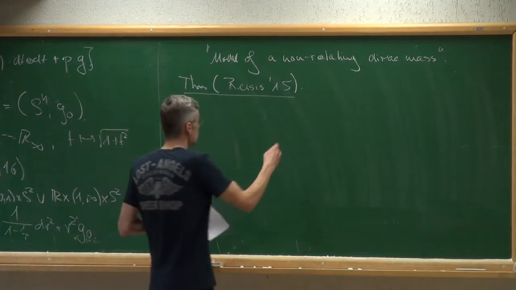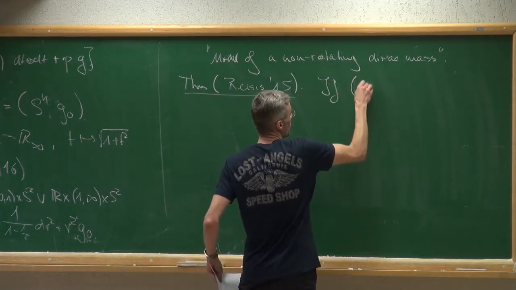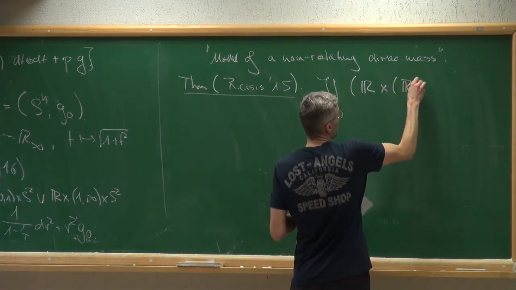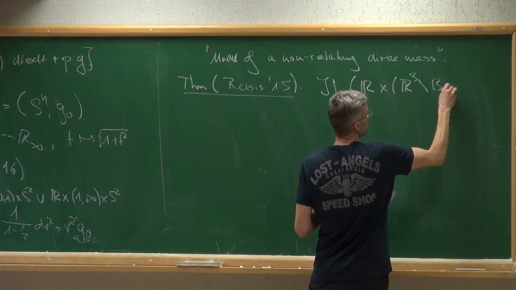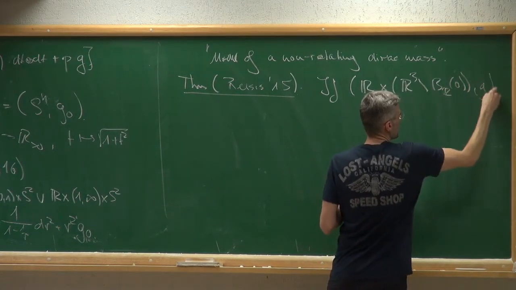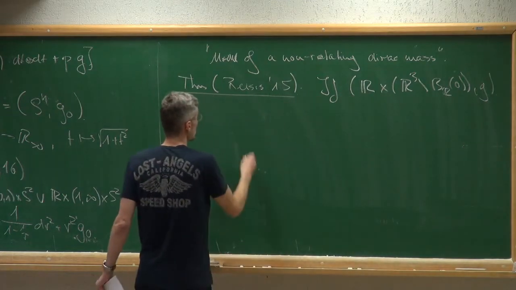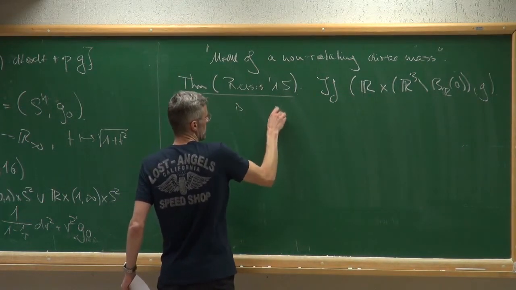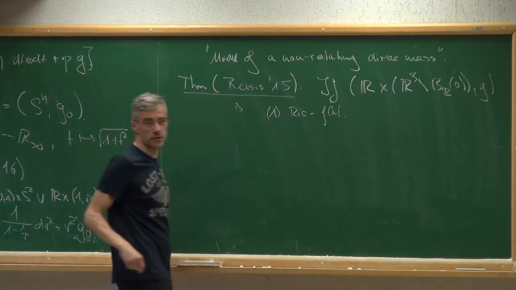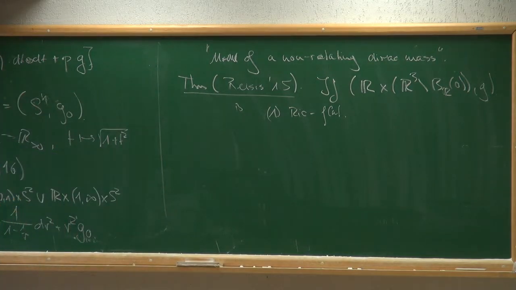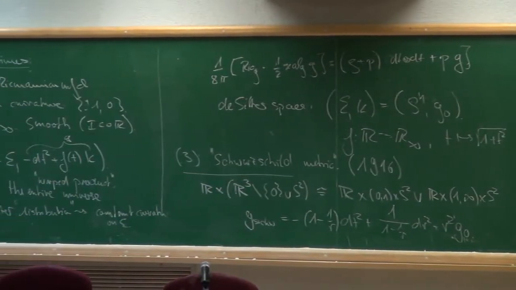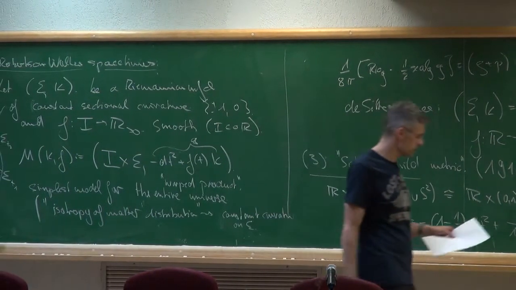So assume you have a Lorentzian metric on R times R^3 minus a ball of radius capital R. If this is Ricci flat, which just means the Ricci curvature of the metric vanishes, that's the way for relativists to say that it's a vacuum solution.